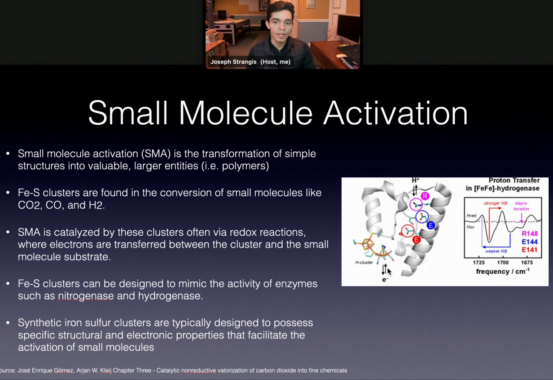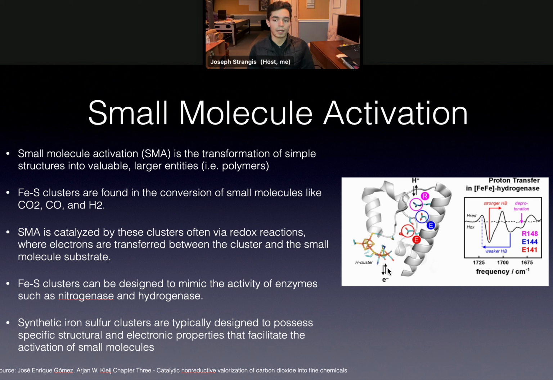The activation is catalyzed by these clusters, often through redox reactions, where electrons are transferred between a cluster and the small molecule substrate itself. But they could also be designed to mimic the activity of enzymes that aren't necessarily iron-sulfur cluster-based, maybe nitrogenase or hydrogenase. And they possess specific structural and electronic properties that help facilitate this activation.